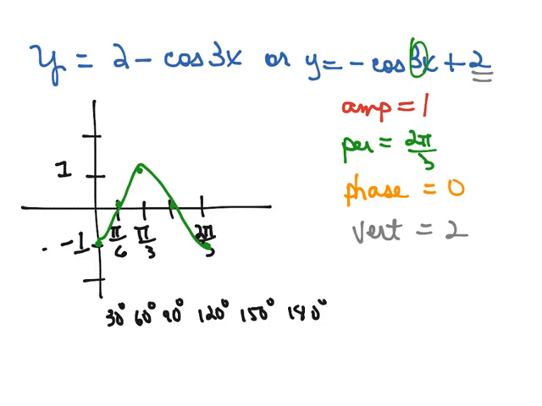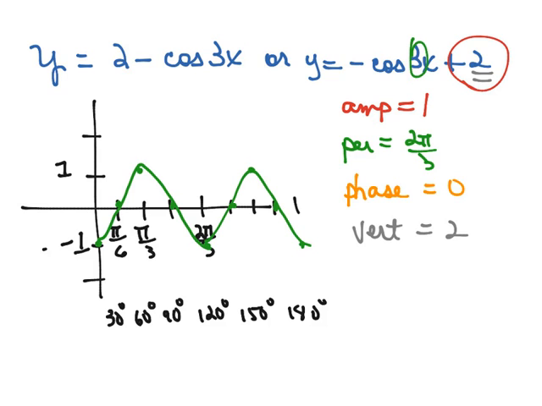If I wanted to extend that out further, the same thing would happen: 0, 1, 0, negative 1. And so there's our cosine graph. But our actual answer is supposed to be shifted up 2.